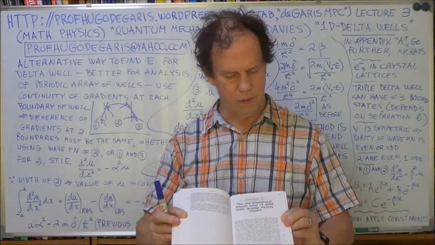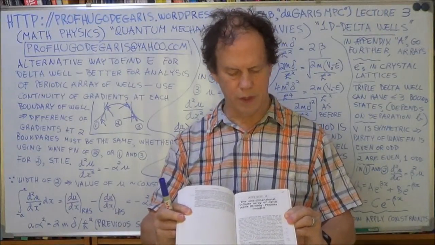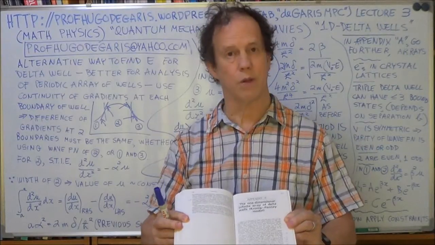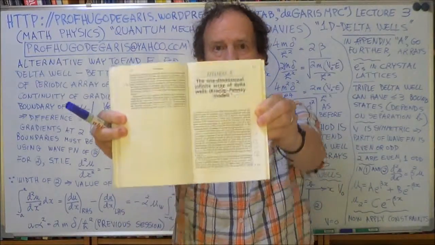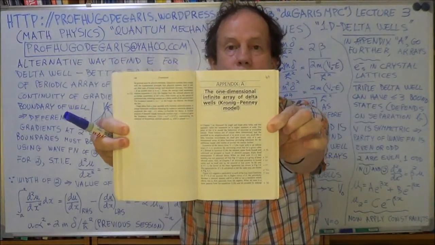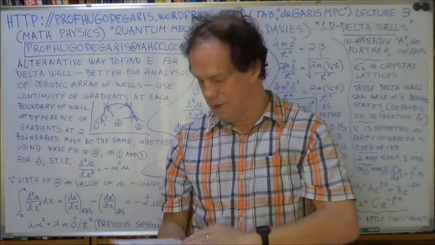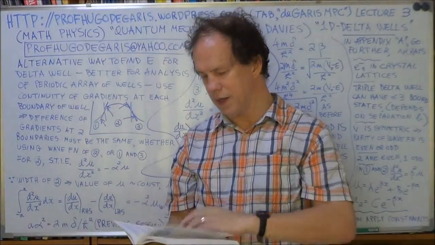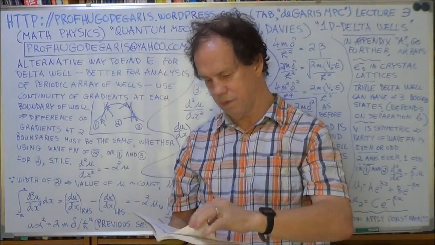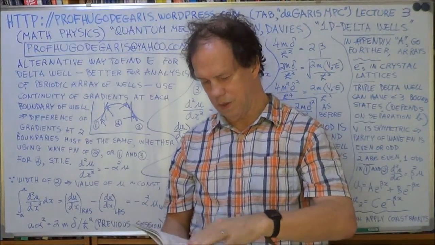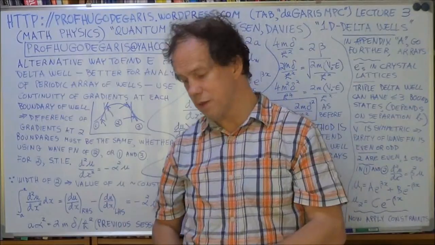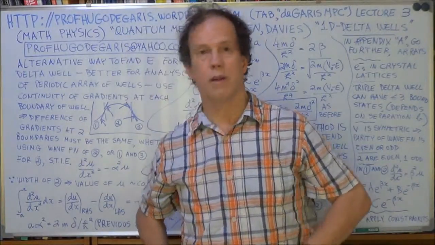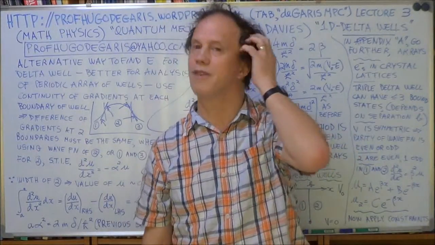And this particular model was invented by Kronig and Penney, so it's called the Kronig and Penney model. Now this appendix, Appendix A, is 6 pages, so it's almost a short chapter in its own right.